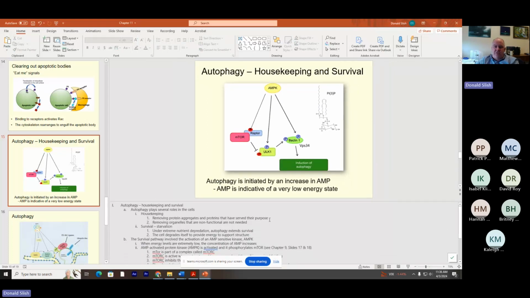So when there aren't any sugars and things to break down, your ATP levels drop, which means your AMP levels come up. You've had biochemistry, I believe, so your energy stores of quick, high energy phosphates: ATP is what's being used. It gets broken down into ADP.